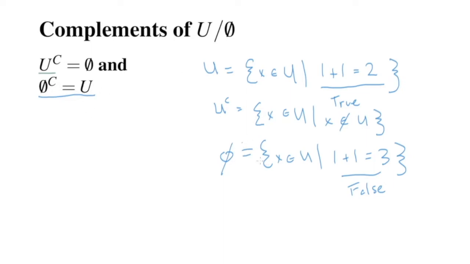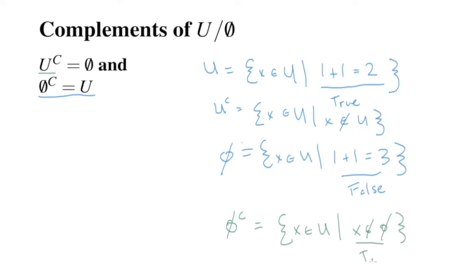We can see this is just the reverse of the previous one. The complement of the empty set will be anything in the universe such that X is not in the empty set. Now we know that the empty set has nothing in it, so everything isn't in the empty set.